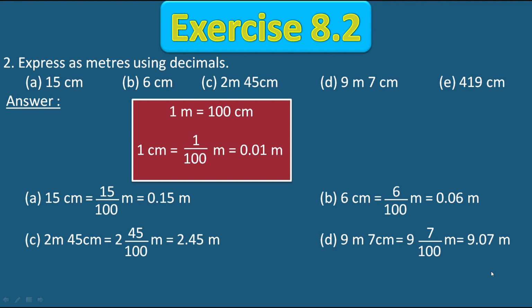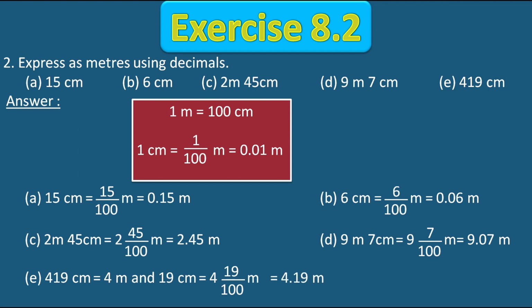Next is 419 centimeter. Now here, as you all know, 1 meter is equal to 100 centimeter, and they have given here 419. So 400 indicates that it is 4 meter. So 4 meter and 19 centimeter it is. So we write it as 419 upon 100 meter, which is equal to 4.19 meter.